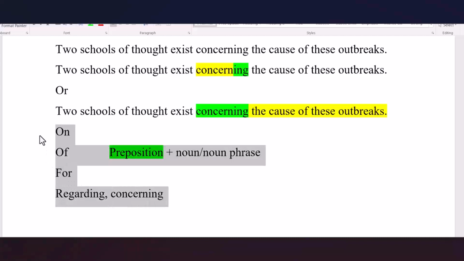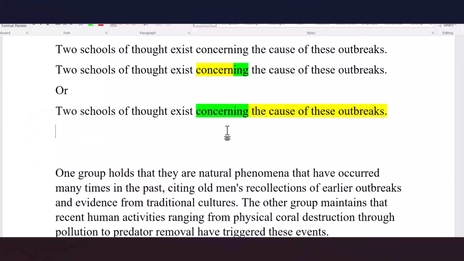In this interpretation, we look at this clause as a prepositional phrase, a preposition adhering to a noun or a noun phrase. We can change the position of this clause.